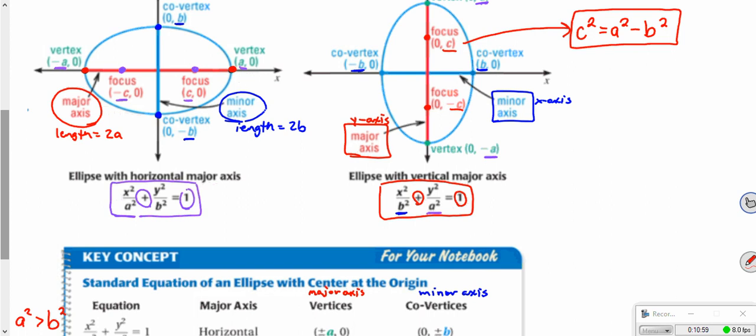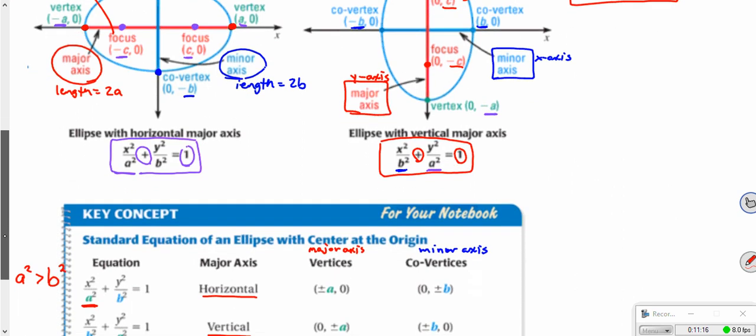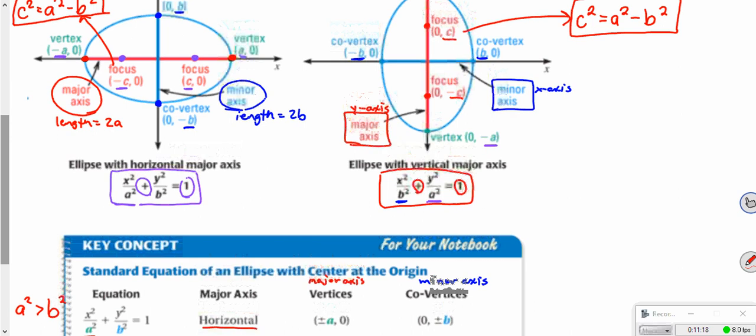Okay, doesn't matter which one is the major axis, which one is the minor axis. All of these use the formula c squared equals a squared minus b squared. Okay, so that's where your focus coordinates come from. You just have to know that your focus is always on your major axis.